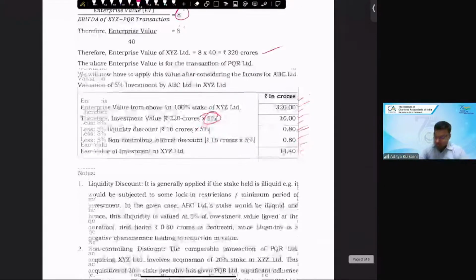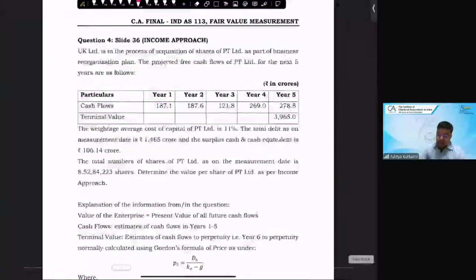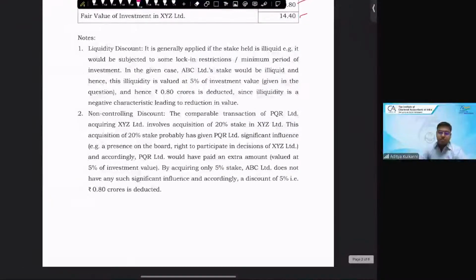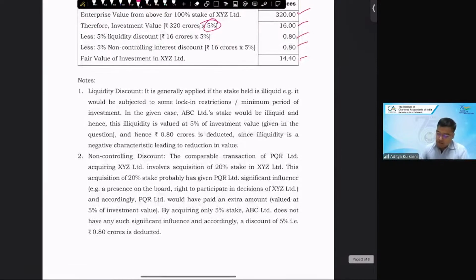Anybody has any doubts here? Please ask. Liquidity discount? Well, it is applied if the stake held is illiquid.